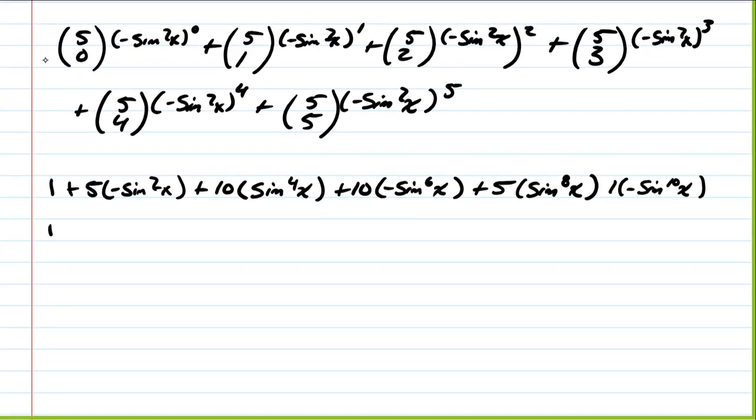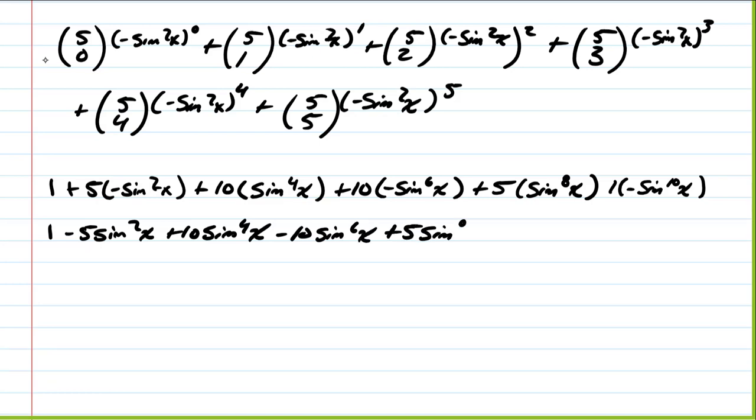So then finally we get 1 minus 5 sine squared x plus 10 sine to the fourth x minus 10 sine to the sixth x plus 5 sine to the eighth x minus sine to the 10th x. And that's what you get if you raise 1 minus sine squared x to the fifth power.